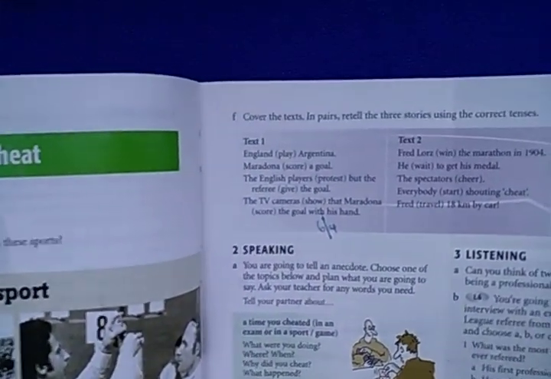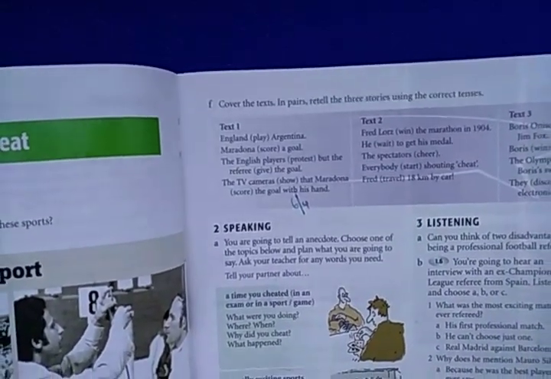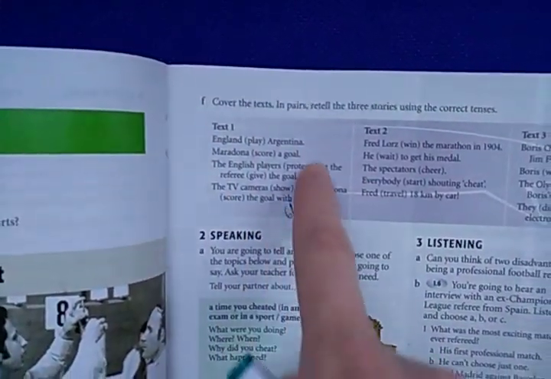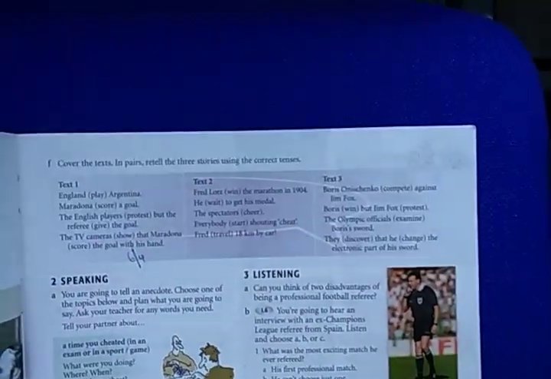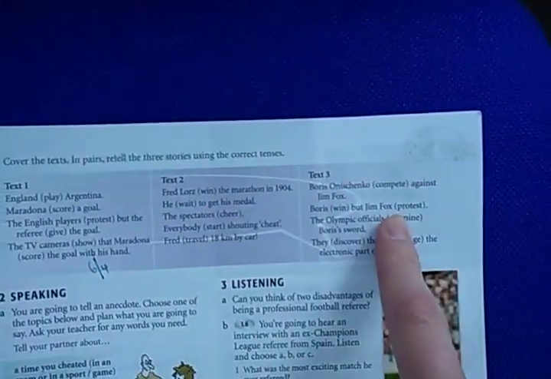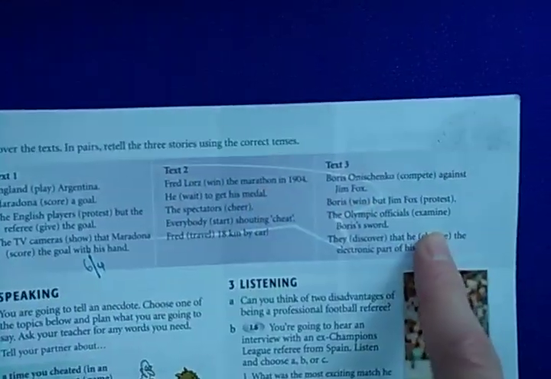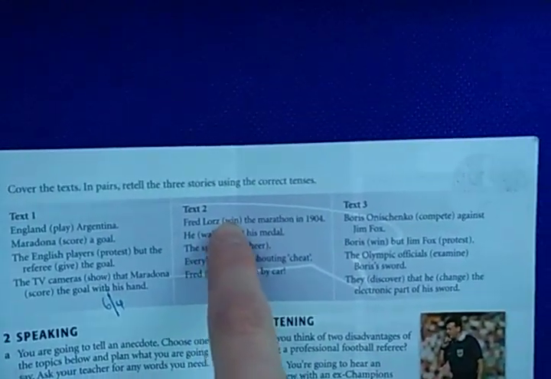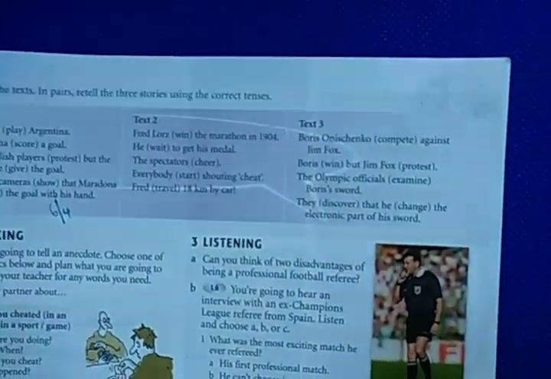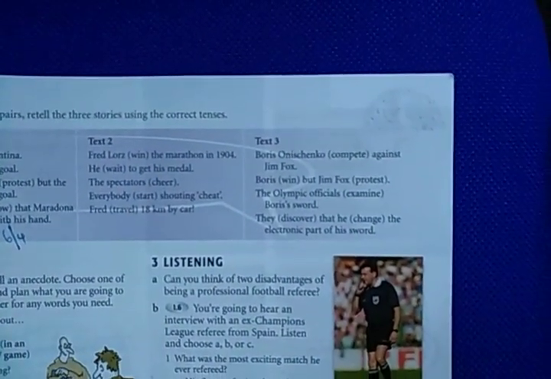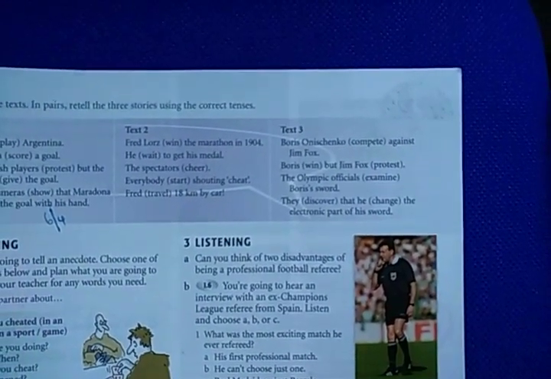Probably I would explain it to them. I wouldn't invite the best student. I would ask the best student to repeat the story. And then I would invite everybody to look at these two texts and to think about how they're going to write, and actually write the forms of these verbs in brackets. Then I'd do some checking activity.